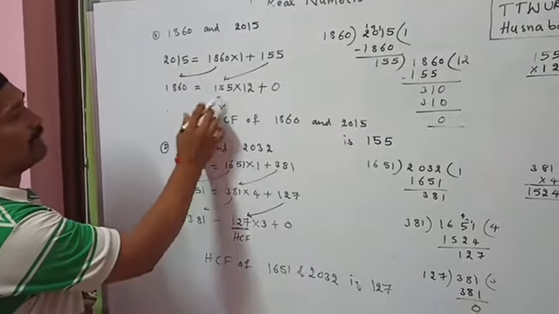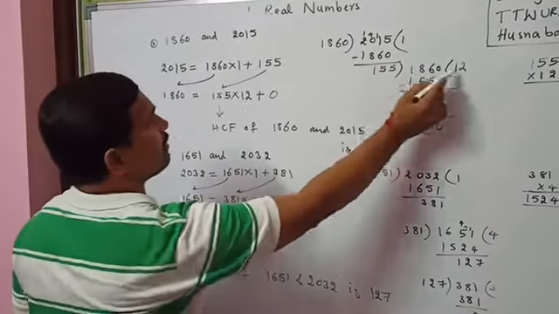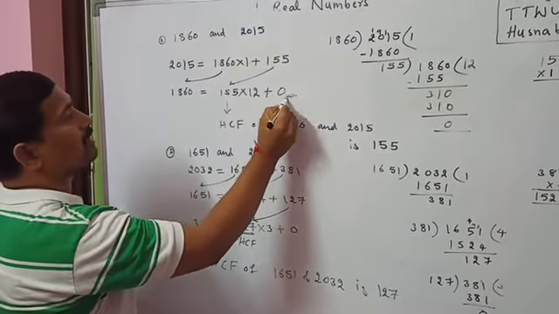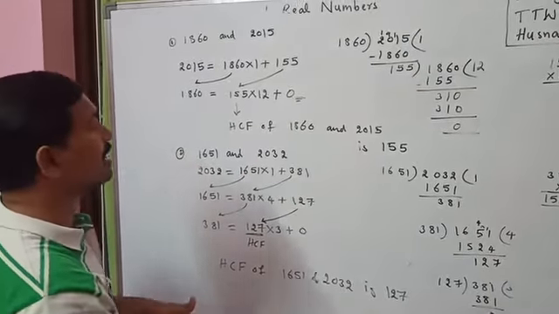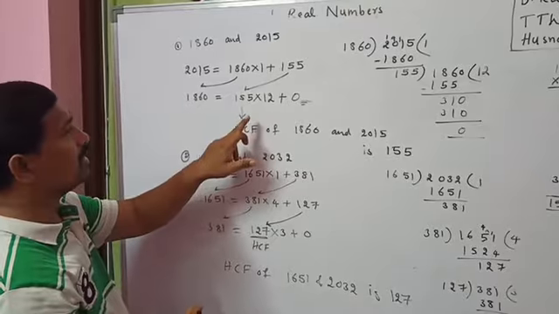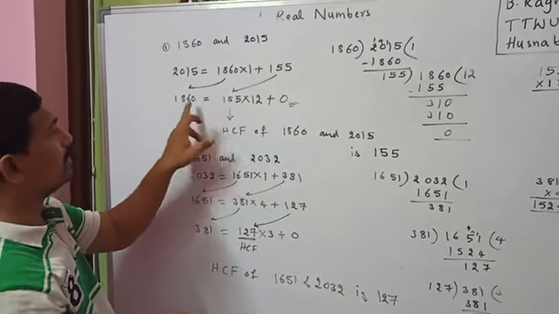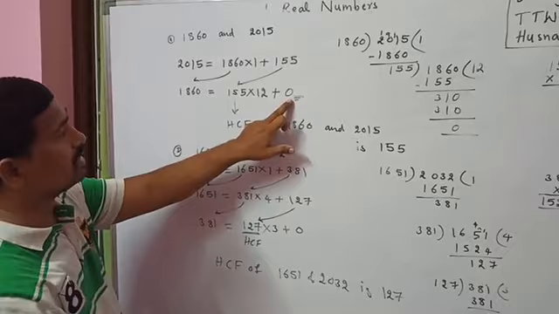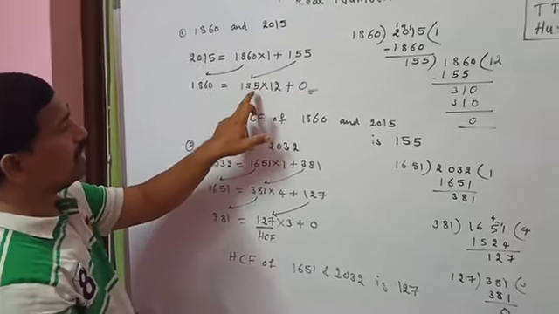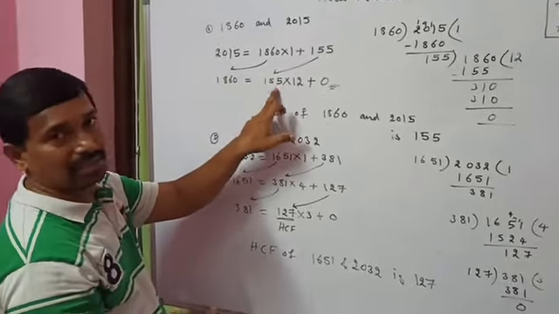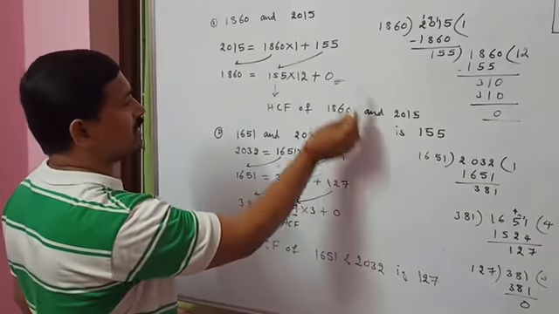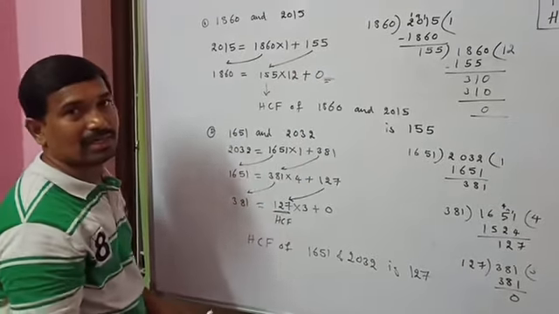So 1860 can be written as 155 into 12 plus 0. Here we got remainder 0, so the divisor is the HCF. When you get 0 remainder, the divisor is the HCF. So the HCF of 1860 and 2015 is 155.